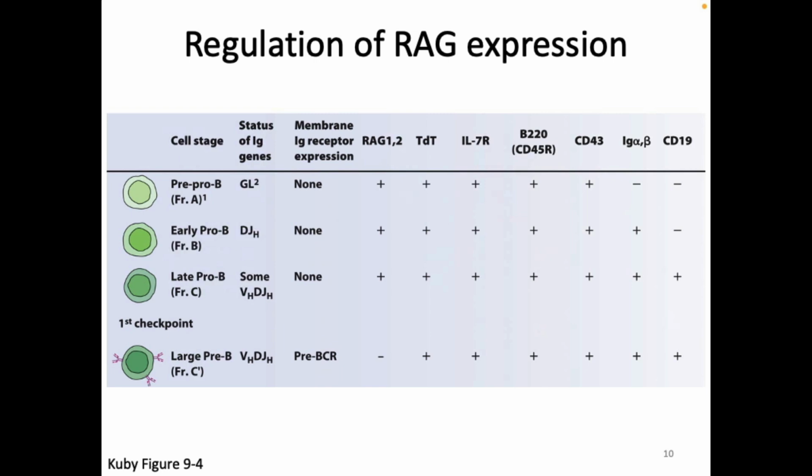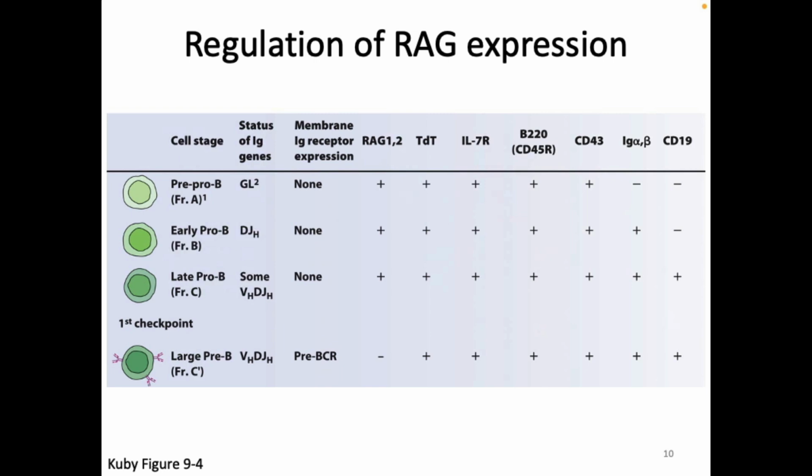And you can see this whole process here as well. What I want you to notice is here's our pro B cell. It has RAG on. It does not have a B cell receptor on its surface.